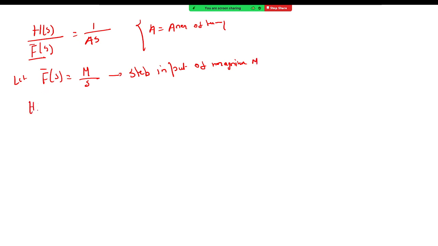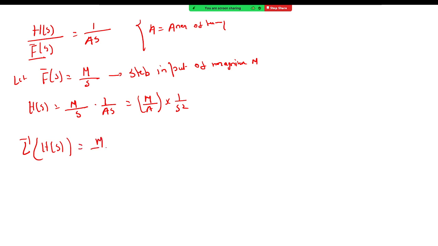So I can write H(s) equals M divided by s into 1 upon As. Can I write M by A into 1 upon s square? If I take the Laplace inverse of H(s), that is our height, it equals M by A, which is common, and the Laplace inverse of 1 upon s square. Any doubt?